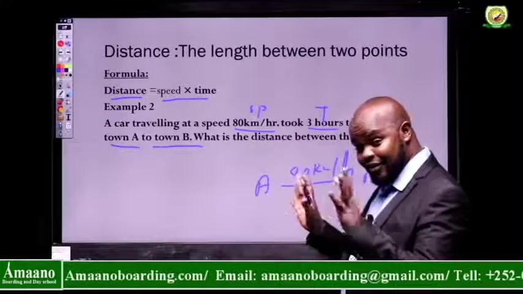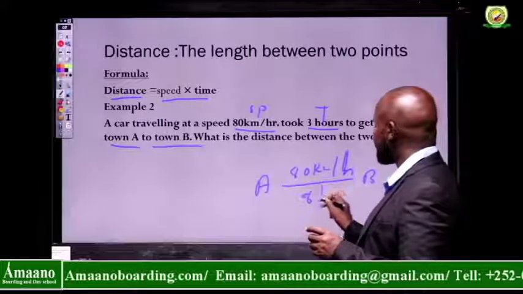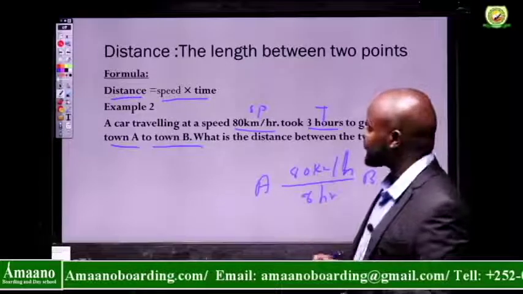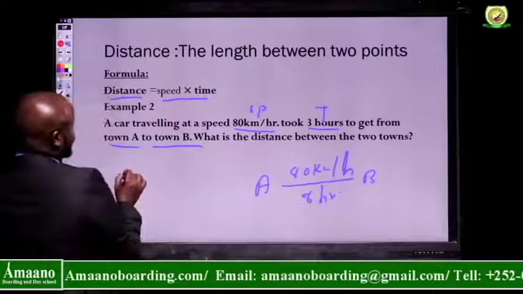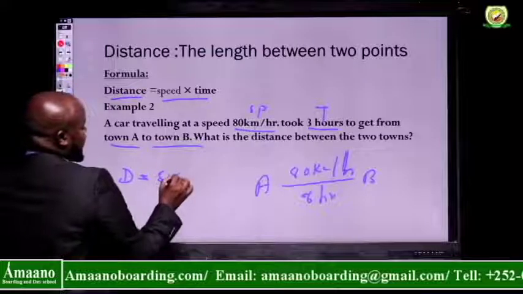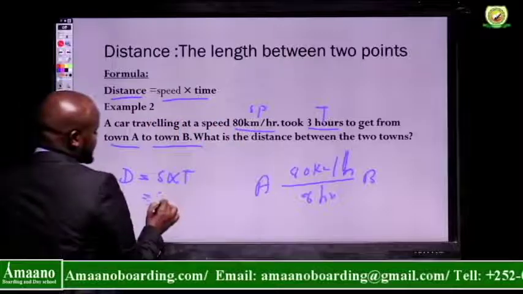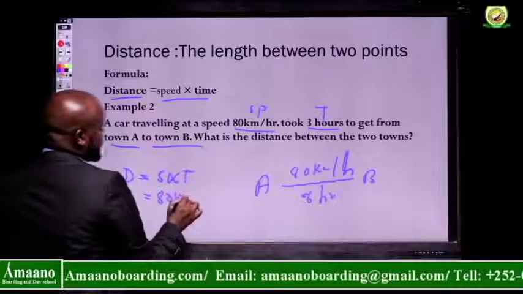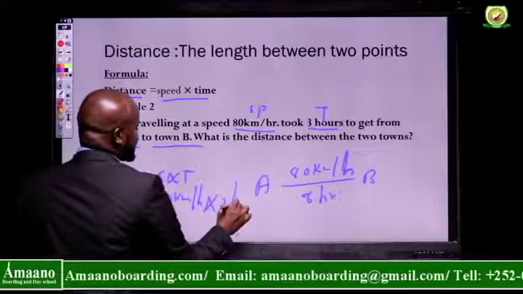So how many hours did it take to get from town A to town B? 3 hours. Then what's the formula? Distance is equal to speed times time. Our speed is 80 kilometers per hour times 3 hours.